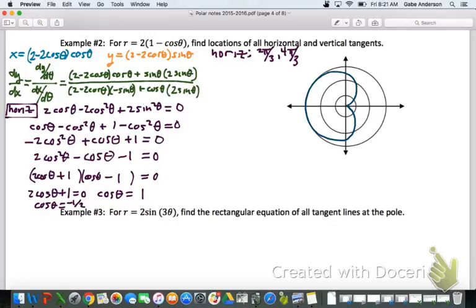At 0, and just 0, right? 0 and 2 pi. But you're either going to include 0 or 2 pi, but not both, right? Okay, so we'll say just 0. So that's my tentative list of horizontal tangent line locations.